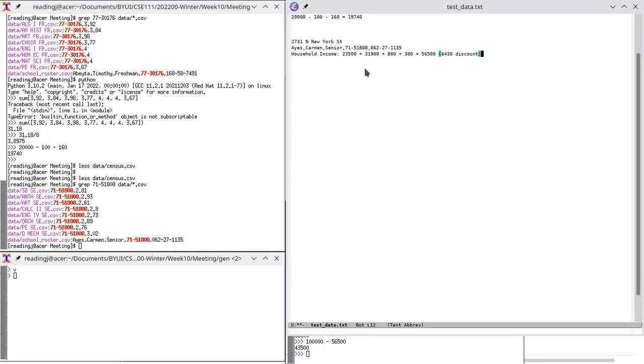Okay, so their tuition is going to be 100,000 minus 430 equals, what is that? 99,570, I think.